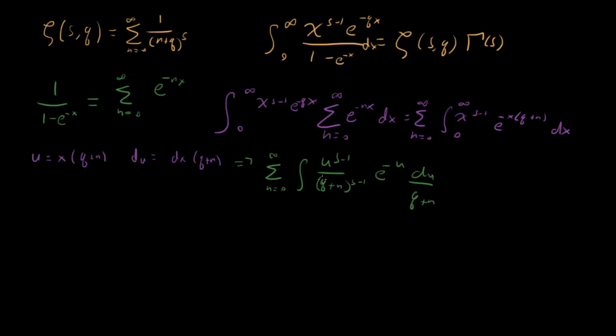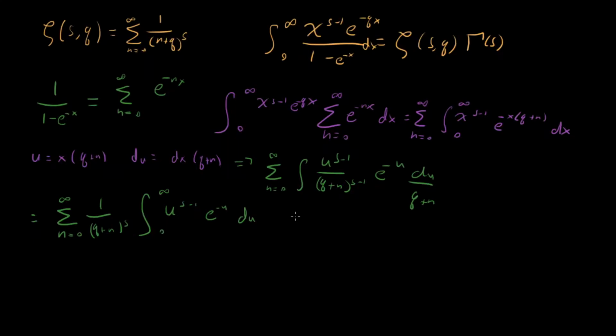Okay, great. And now we've just about got it. We have this q plus n in the denominator, which is independent of the integral. That means that we can pull it out, and what we're left with is the sum from n equals 0 to infinity of 1 over q plus n to the s, times the integral from 0 to infinity of u to the s minus 1 e to the minus u du.